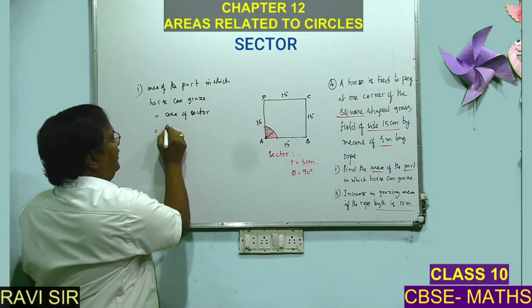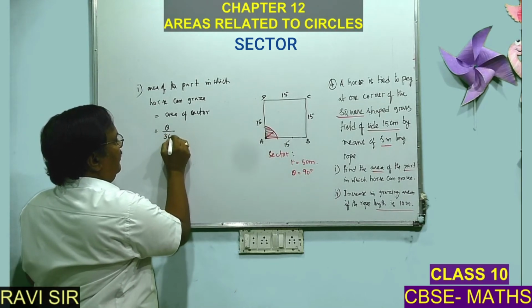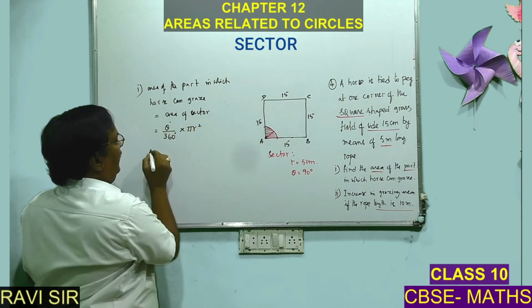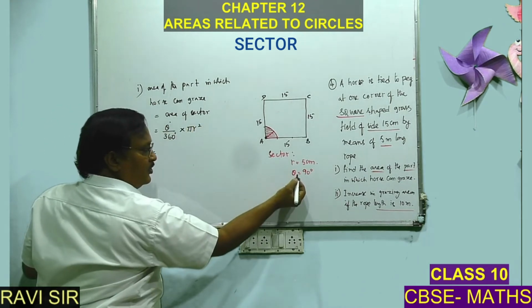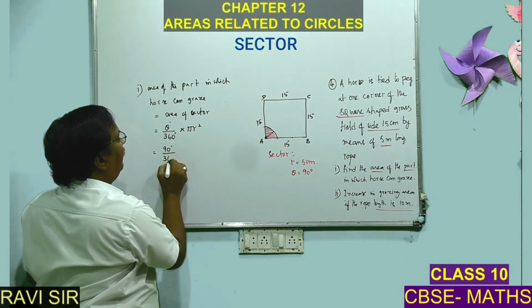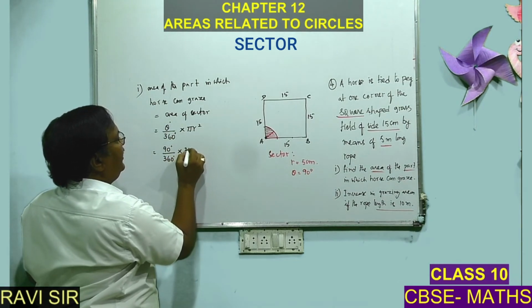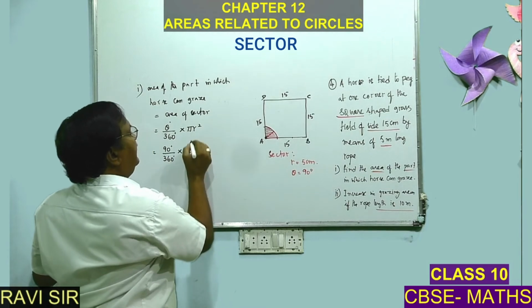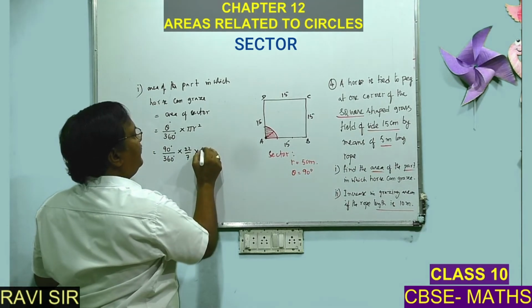So the formula, and then substitution of the values. 22/7 I am writing because nothing is indicated here. Radius is how much? 5 into 5.